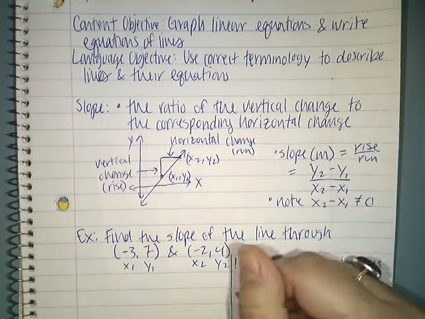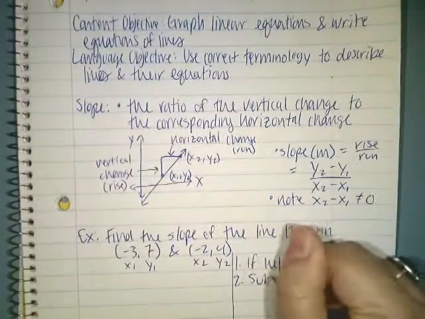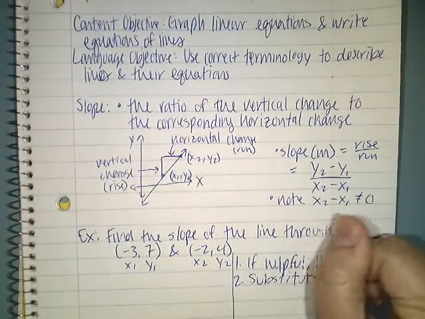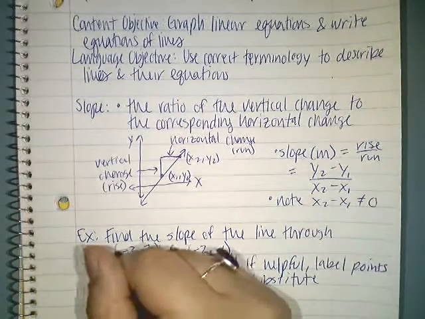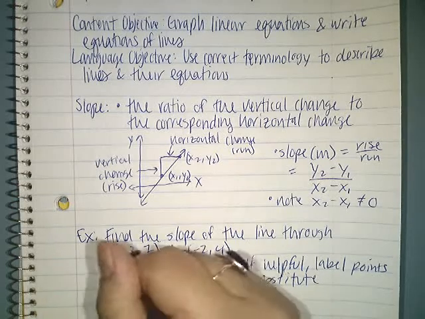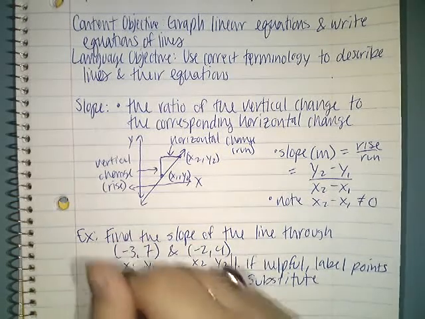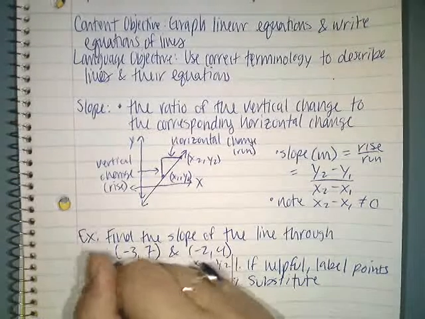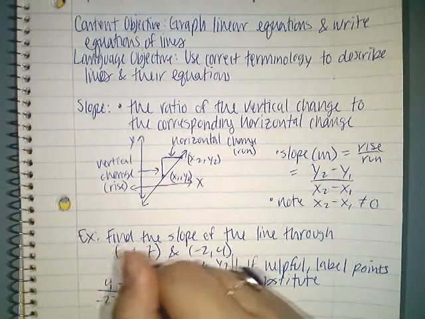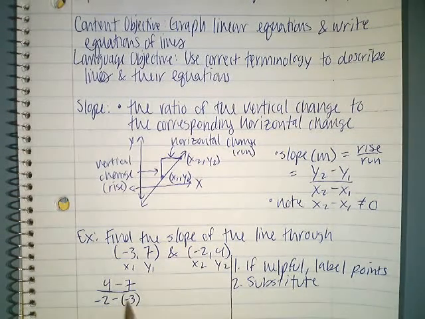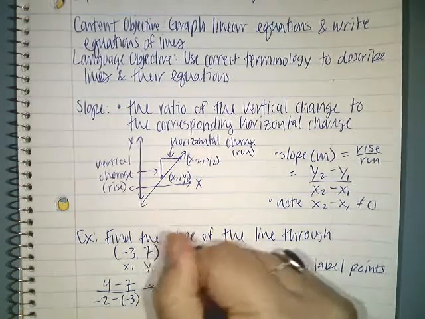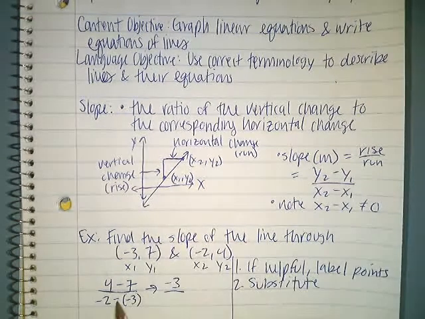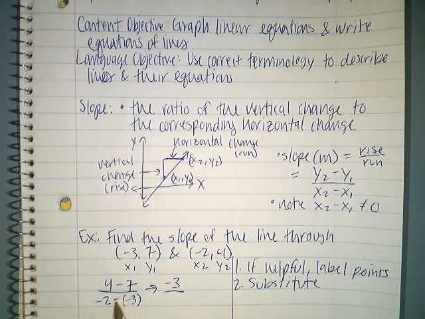So then I'm going to substitute. So y2 is 4 minus y1 is 7 over x2 is -2 minus x1 is -3. So notice it's minus a negative. So I end up 4 minus 7 is -3. -2 minus -3, the double negative becomes a plus.